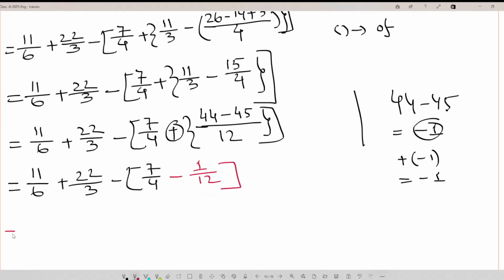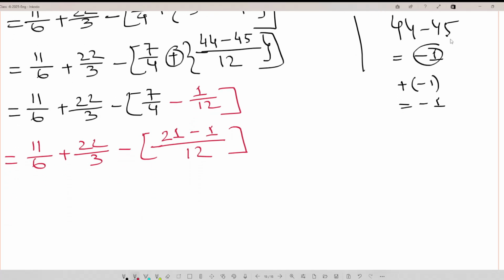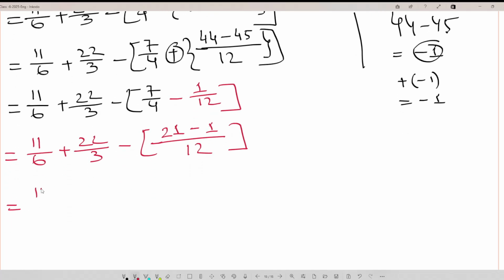Okay, now 11 by 6 plus 22 by 3 minus, again LCM, here is 12. 12 by 4 is 3, 3 times 7 is 21, and here is minus 1. Okay, then 11 by 6 plus 22 by 3 minus 21 minus 1 is 20, divided by 12.